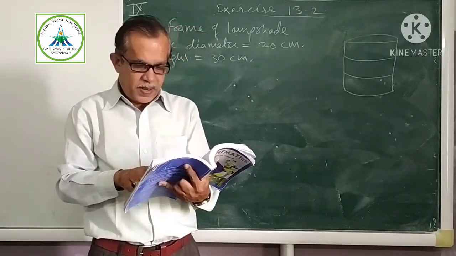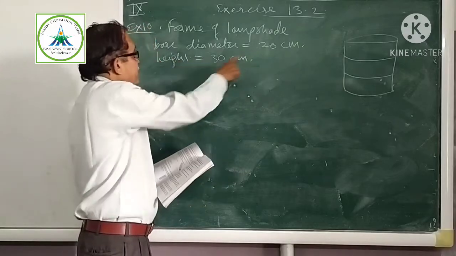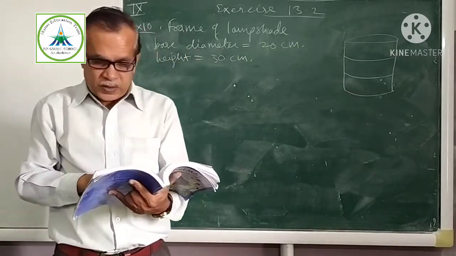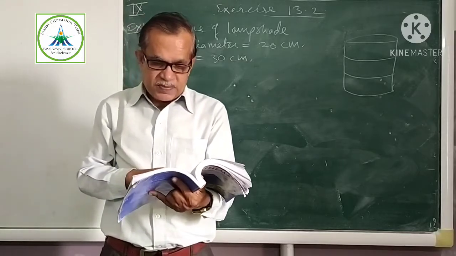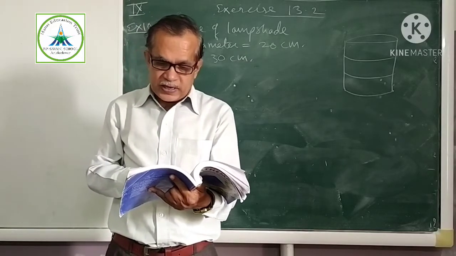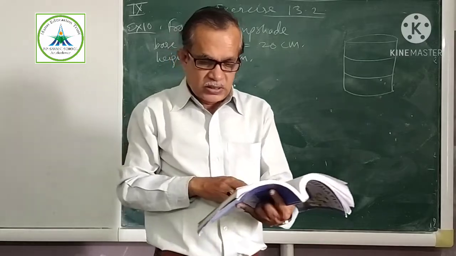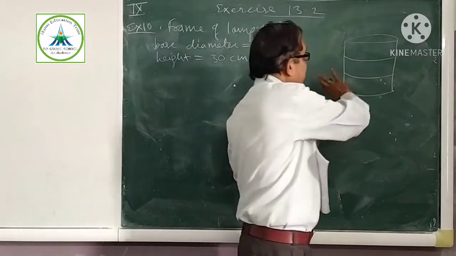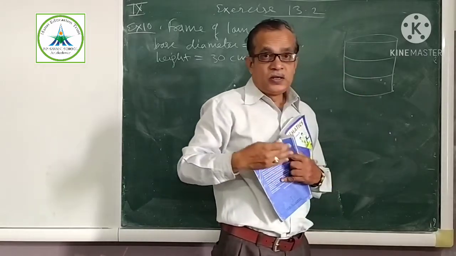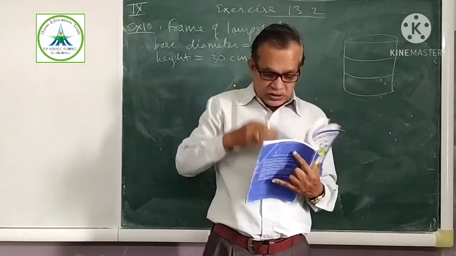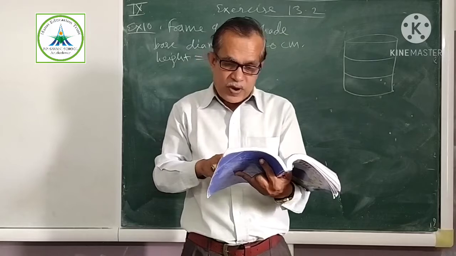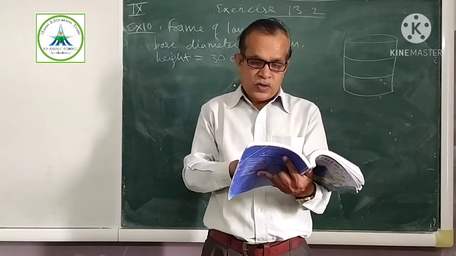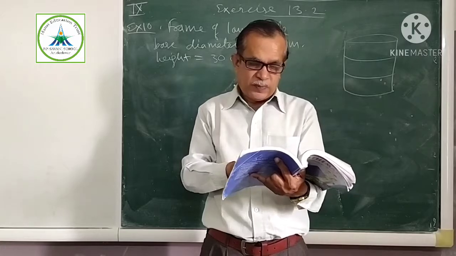The frame has a base diameter and height. Okay, we have written a margin of 2.5 centimeter is to be given for holding it over the top and bottom of the frame. See, margin: if we are decorating by covering paper, we are covering this frame by paper, and it is to be pasted. So they are telling a margin of 2.5 centimeter is to be given for holding it over the top and bottom of the frame.